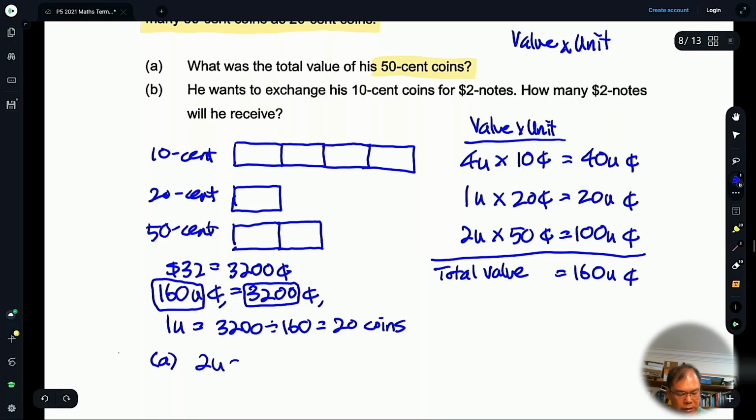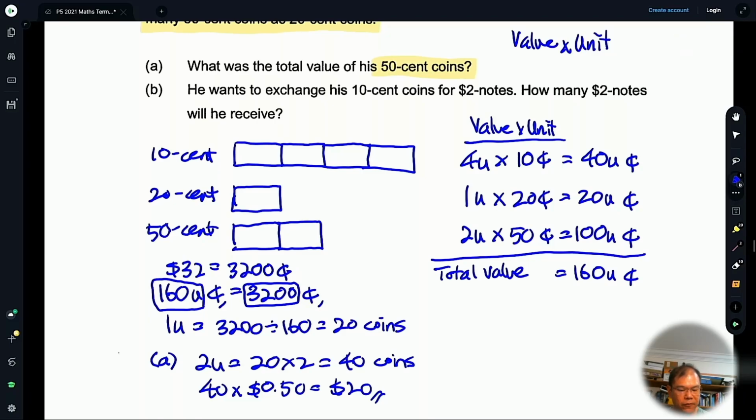So 2 units of coins, so it's 20 times 2. So he has 40 50-cent coins. Right? Each coin is 50 cents in value. So total of $20. Right? So he has $20 worth of 50-cent coins.